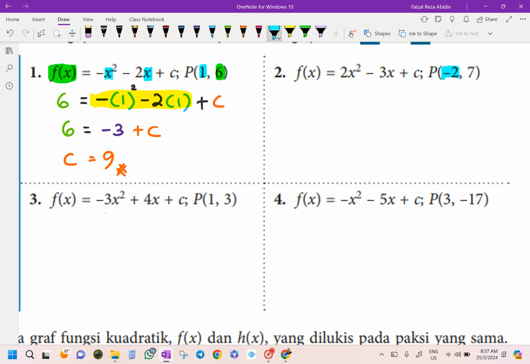This is going to be X, this is going to be Y. So you substitute X and find the value of C. Cuba. 7 equals 2 times negative 2 squared minus 3 times negative 2, plus C. Negative 2 squared is 4. 4 times 2, 8. 8 plus 6, you are going to get 14. Am I right?